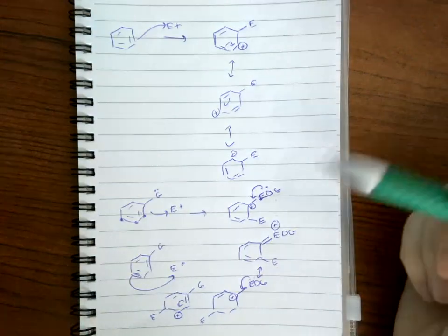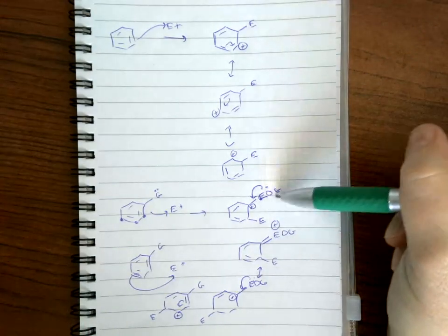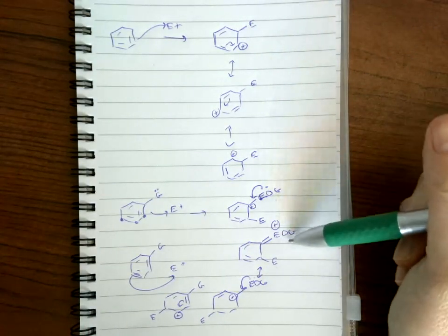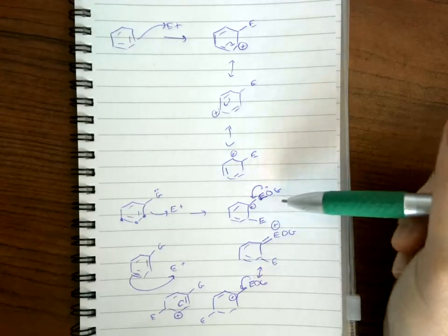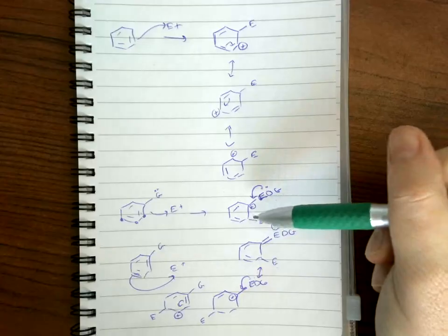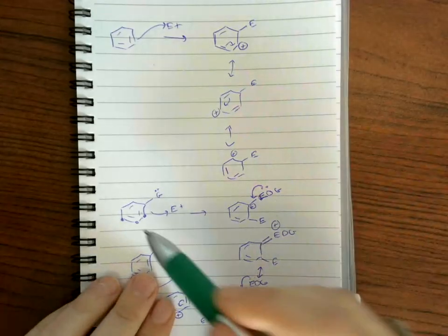Now, you can imagine if this was, instead of donating, electron withdrawing, the positive charge being right next to the electron withdrawing group would not be good. So instead, if you have an electron withdrawing group, the substitution is favored at the meta position.